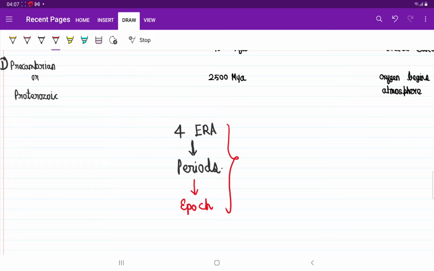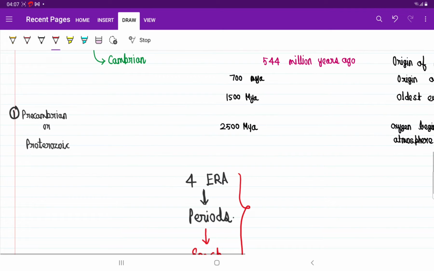So let's start with the first era, called the Precambrian era. Precambrian era, you say, or you call it the Proterozoic era. This is the oldest time. At the very start, the Earth's condition for life was completely unhospitable. The story of the origin of living organisms came to pace when free oxygen started to appear.